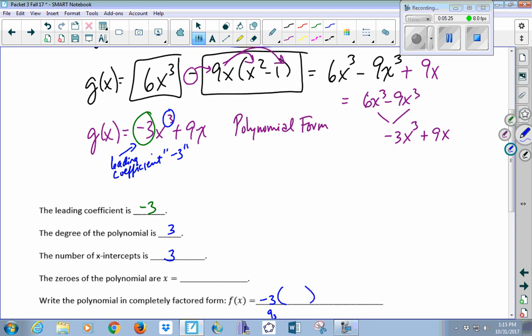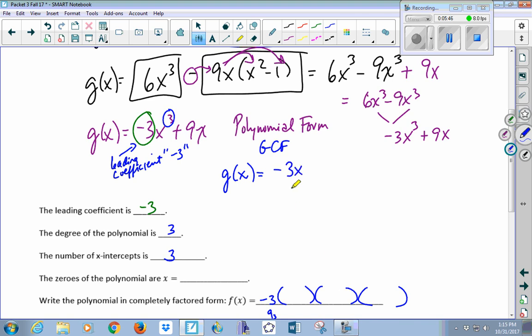So we know we're going to have 3 factors because we have the same number of factors and intercepts as the degree. Now let's take a look at factoring this. G of x equals, well, my greatest common factor, GCF here, is -3x.